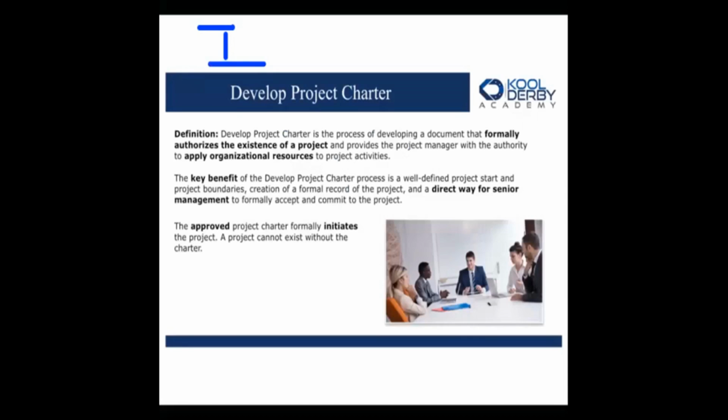All right, so here's what you should know. Since we know there are 47 processes, what's the number for Develop Project Charter? What's the number in the 4.1? All right, so that's it. We're going to start with 4.1. You guys got that email from me today, so you know we're in 4.1. Develop Project Charter, you should know the definition.